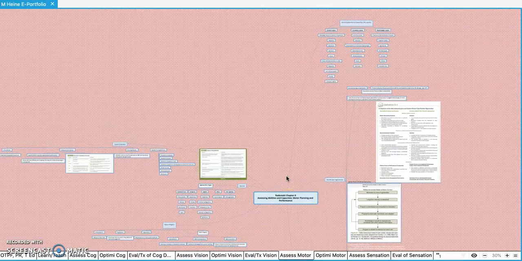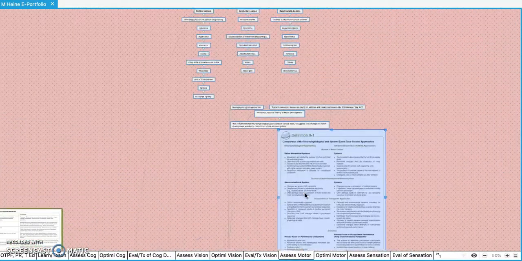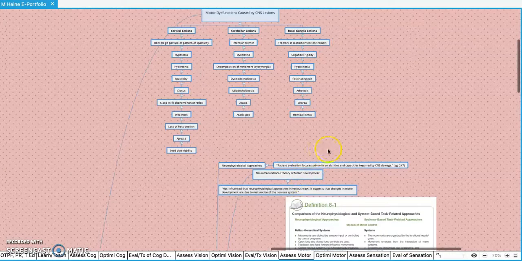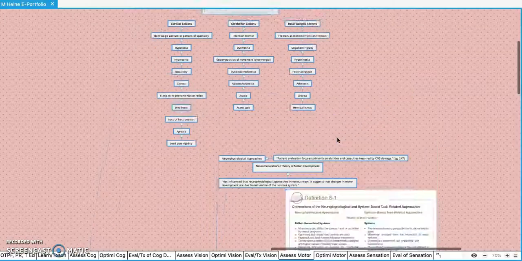And then we have assessing motor planning and performance. So this is also super important to assess in every patient, whether it's noted in their chart or not. Motor dysfunction.